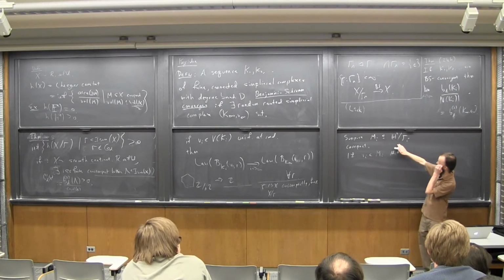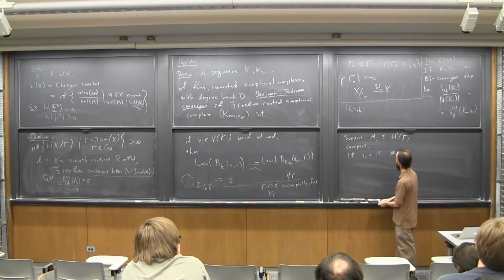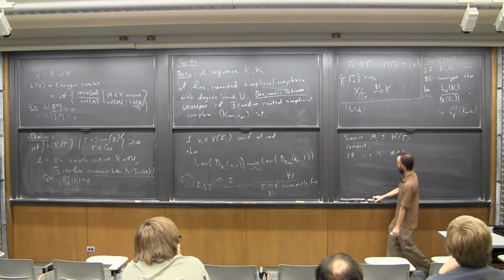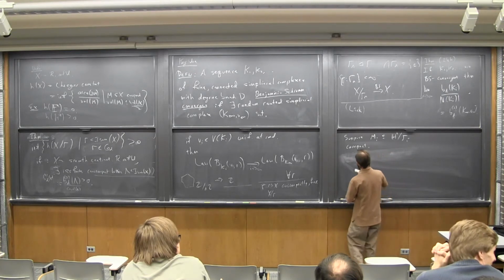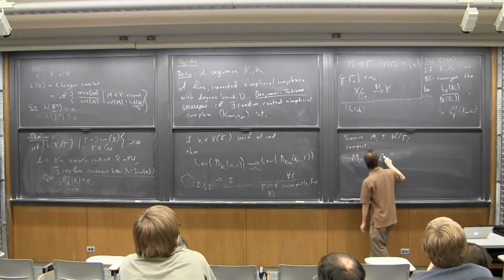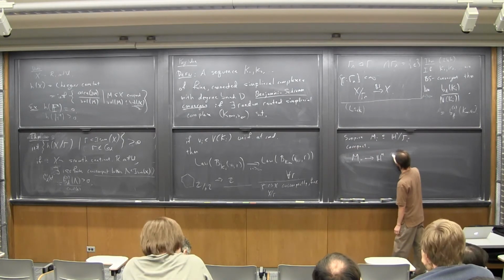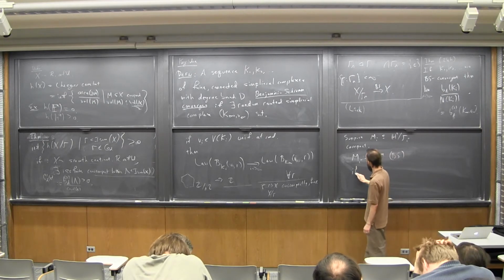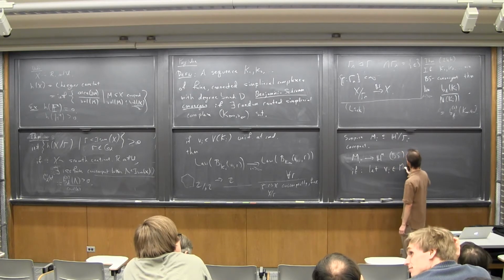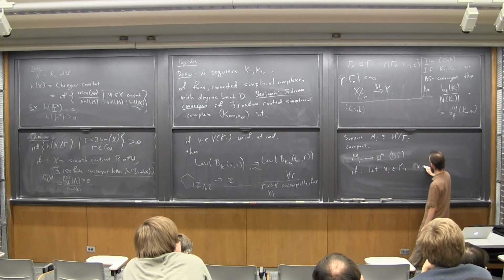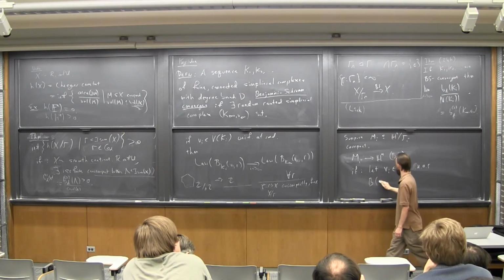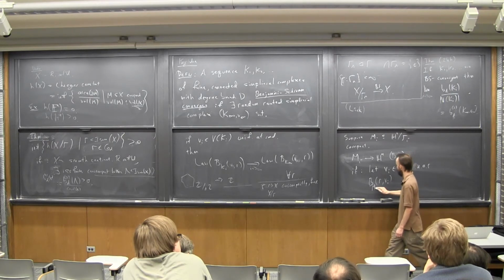I want to explain what Benjamini-Schramm convergence means in this setting. Suppose these are compact. I want to say that these M_i are converging to hyperbolic 4-space in the Benjamini-Schramm sense if the following is true. We let v_i be a uniformly random point, and we consider the ball of radius r centered at v_i in this submanifold.